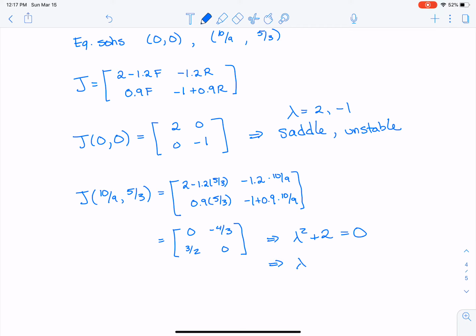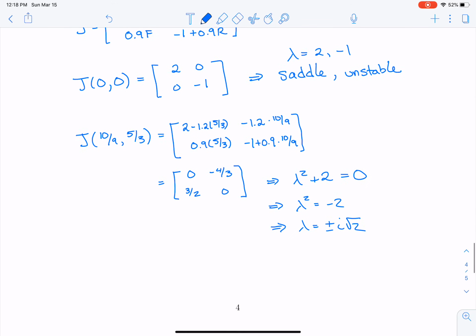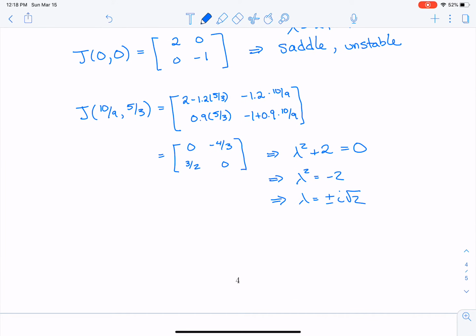So lambda squared is equal to minus 2, and lambda is equal to plus or minus i times the square root of 2. So the second equilibrium point says that the linearization is actually a center. Well, what we can say is the real part of the eigenvalue is 0, so it's not negative.